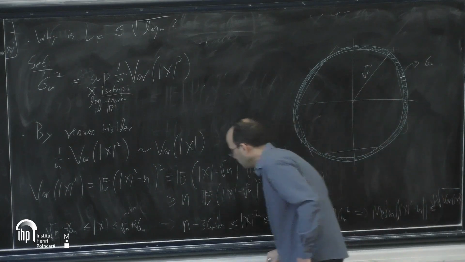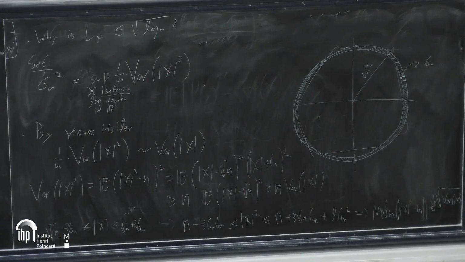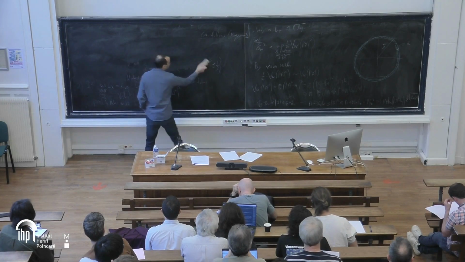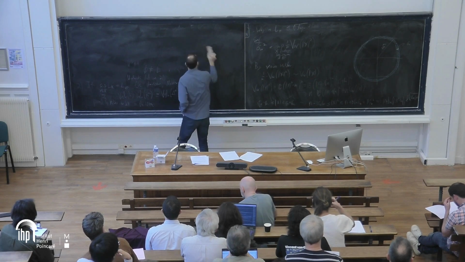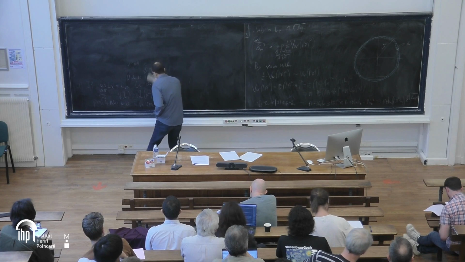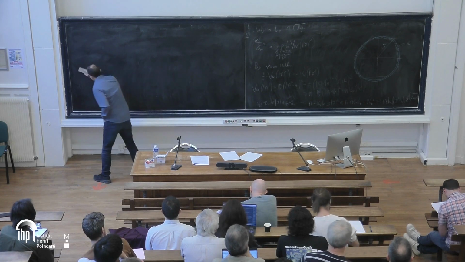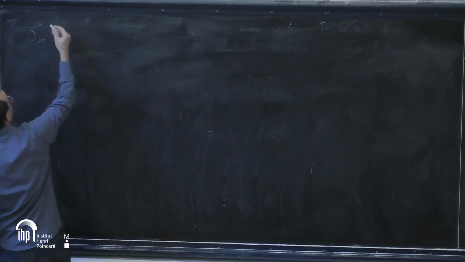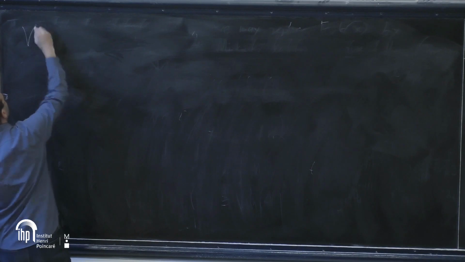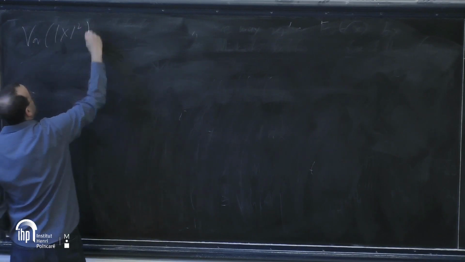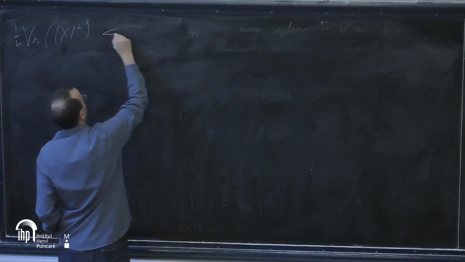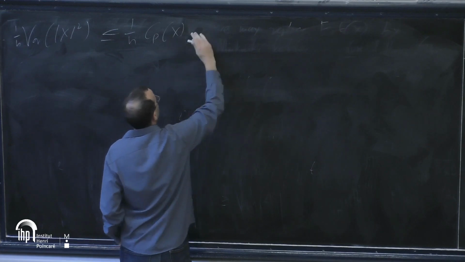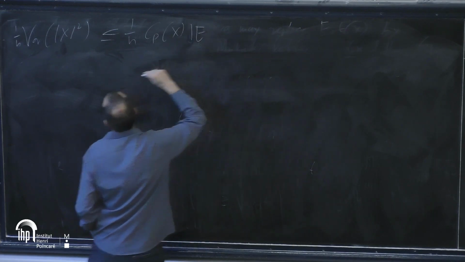So we have this sigma n, and of course sigma n is smaller than the Poincaré constant. For some X, if I look at the variance of |X|^2 over n, by Poincaré it is smaller than 1 over n times C_p of X times the expectation of the squared gradient of this function.